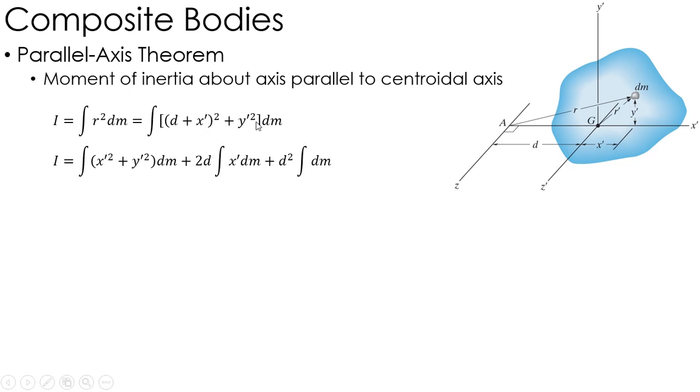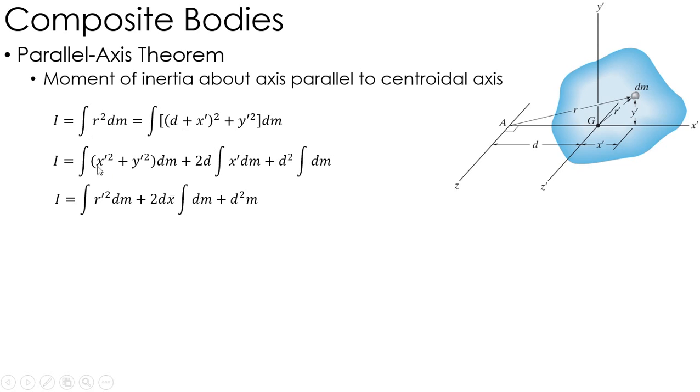Then doing basically a FOIL method on this, d plus x prime, the whole thing squared, and separating things out, I get x prime squared plus y prime squared dm, and then 2d x prime dm plus d squared dm. It's basically taking all these terms and reordering them.